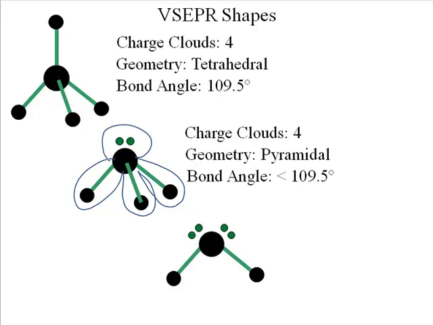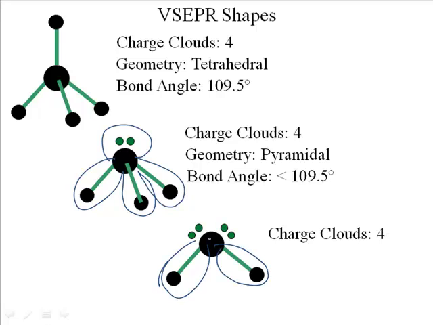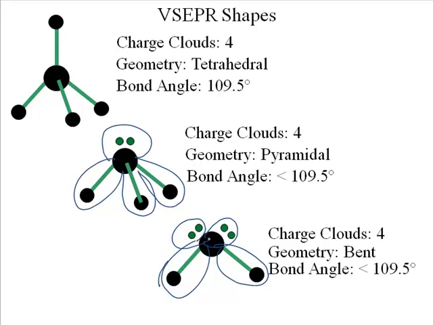When you do that, what you have left is essentially another bent shape. You still have 4 charge clouds. 1, 2, 3, 4. But our geometry now really is just a different version of bent geometry. It's not the same as the one we saw on the previous page because its bond angle is much smaller. Instead of being less than 120 degrees, we're still less than 109.5 degrees.